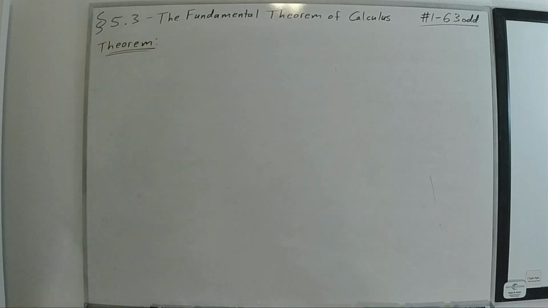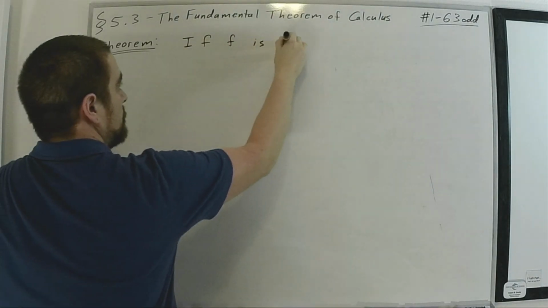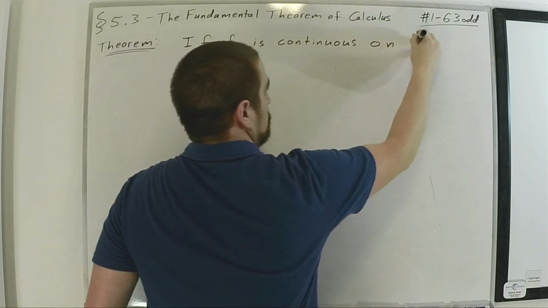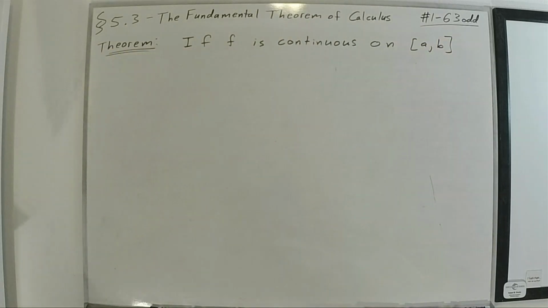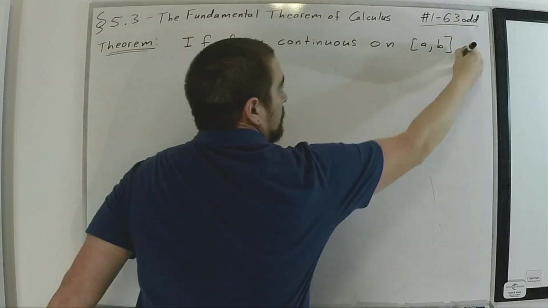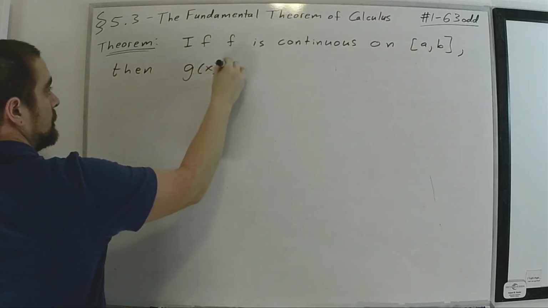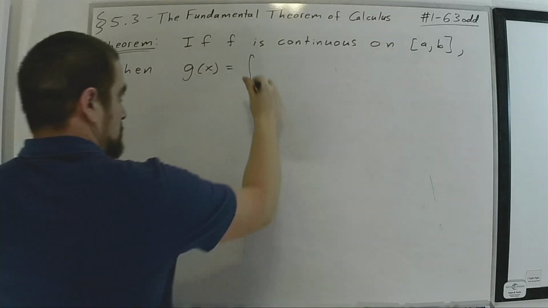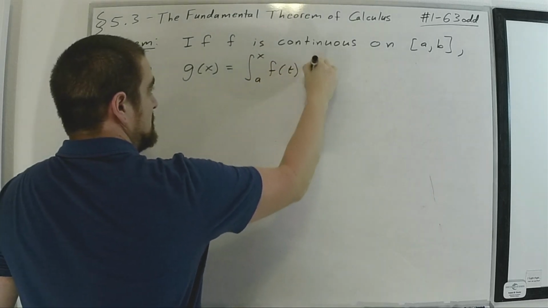and what it addresses. So part 1 of the fundamental theorem of calculus says if f is continuous on the closed interval a to b, then g of x, which will be equal to the integral from a to x, where for us a is just going to be some real number, f of t dt.